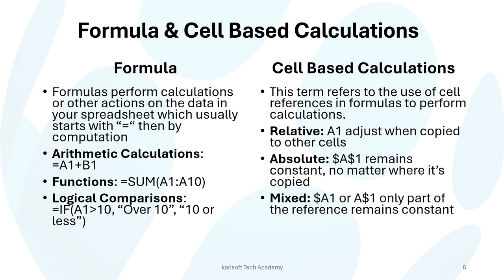So when we say formula and cell-based, you have right there a brief note, a summary of what we're talking about. When we talk about formulas in Excel, they perform calculations or some specific actions on the data, which usually starts with equal to.